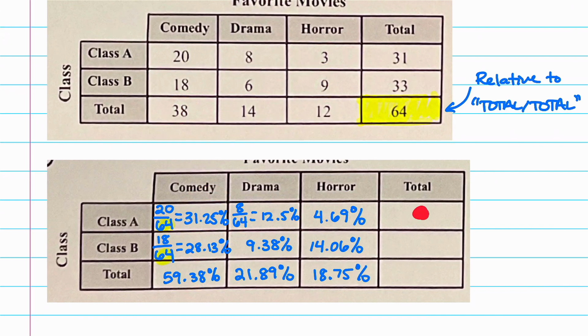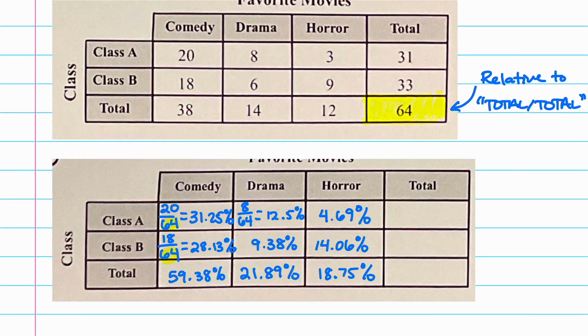Remember, to get the totals this way, you just add sideways going this way. Or you can also take the 31 and divide it by 64, and you should get either the exact same number or something really, really close. So I'm just going to go ahead and give you these numbers. This is 48.44% if you add them all up, and this is 51.56% if you add them all up.